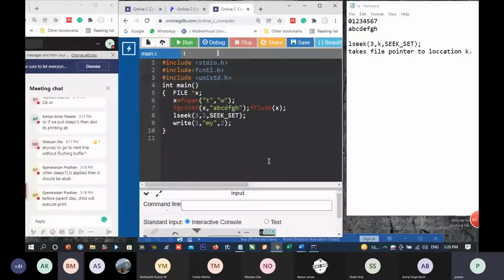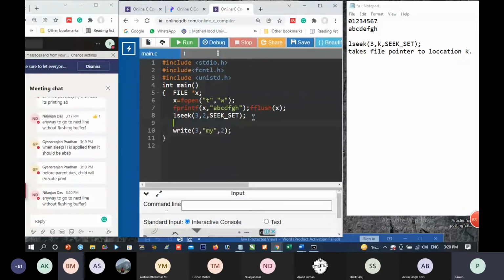Let us see. What does LSEEK do? LSEEK takes the file pointer to location 2. Now, let us further proceed.